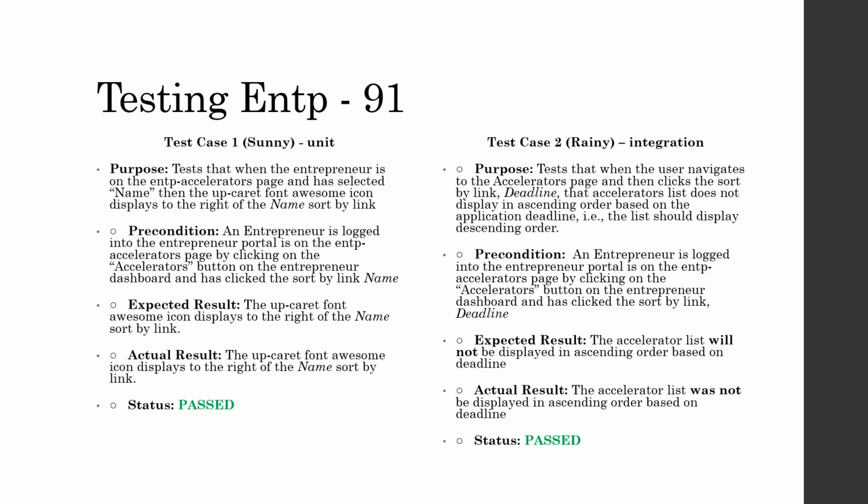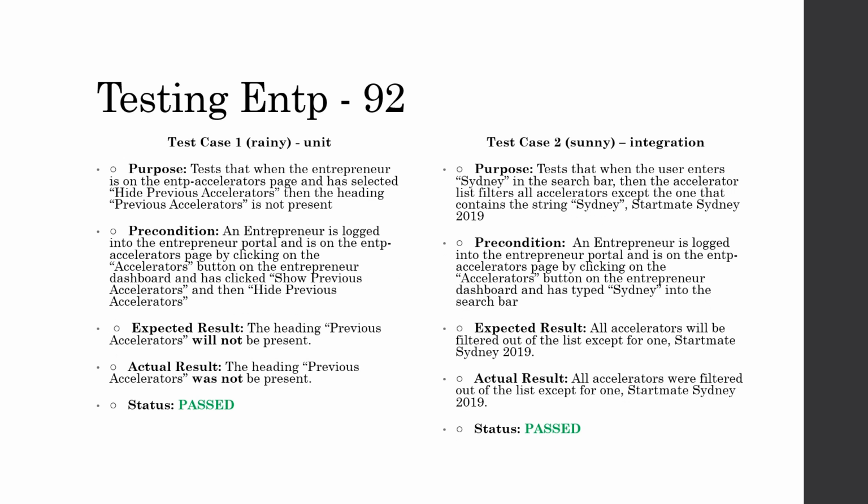Next, I'll show you a sample test case for Entp92. Test case 1 is a rainy day unit test case that tests that when the entrepreneur is on the accelerators page and has selected hide previous accelerators, then the heading previous accelerators will not be present.